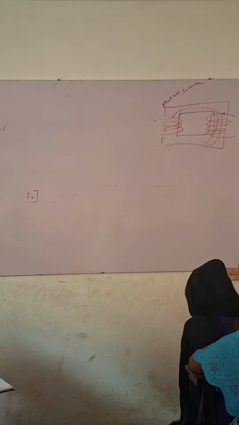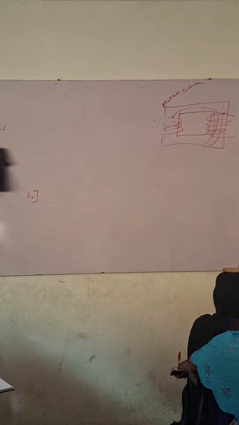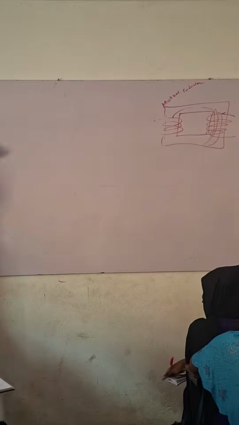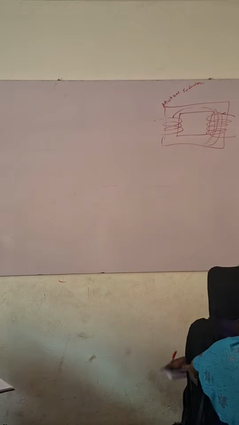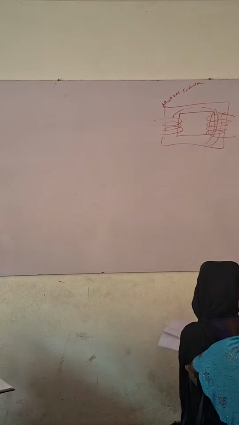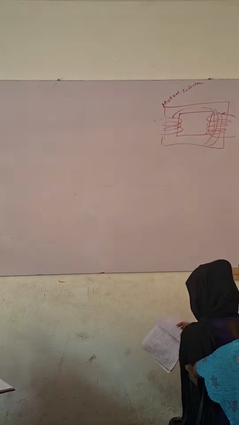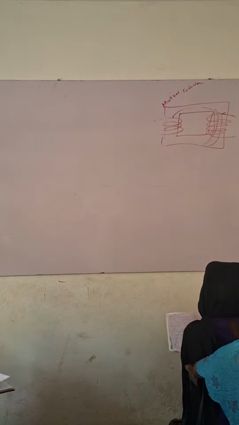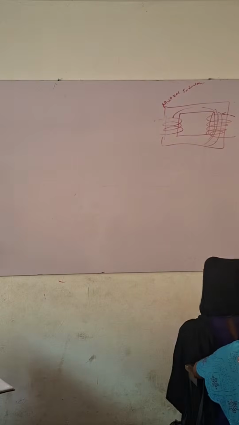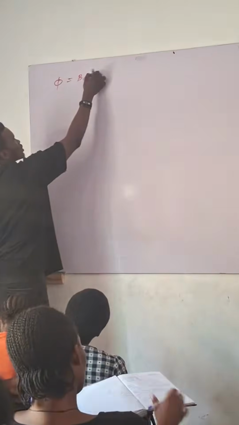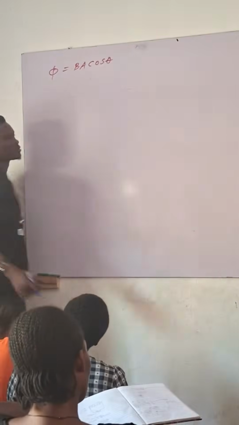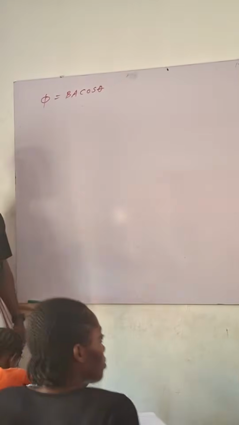So what's the answer to number 1? So don't forget that your phi is equal to BA. But this BA can have an angle associated with it, and that angle is cos theta. So you can have it as phi is equal to BA cos theta.